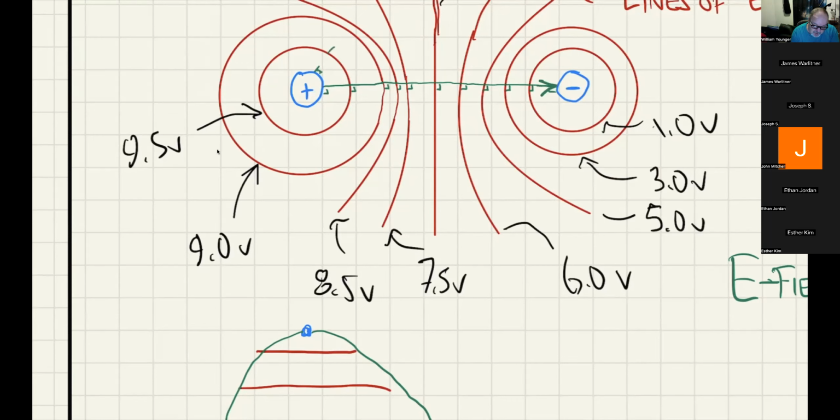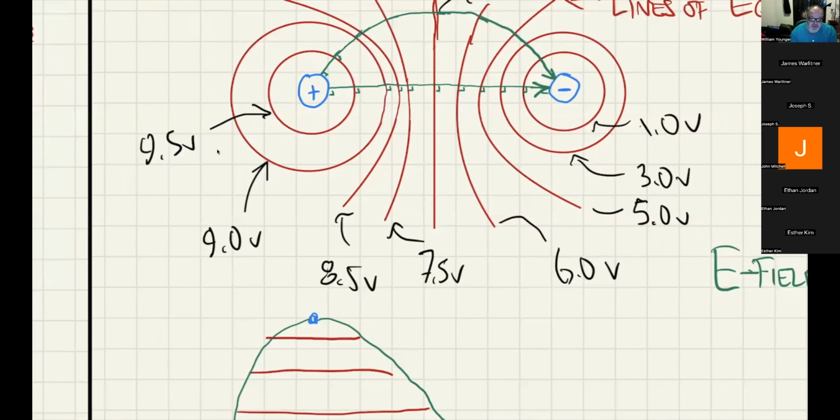Then I get here, I have to go perpendicular, and again, and again, at every surface. So now I can say my electric field line turned out to be perpendicular like that.